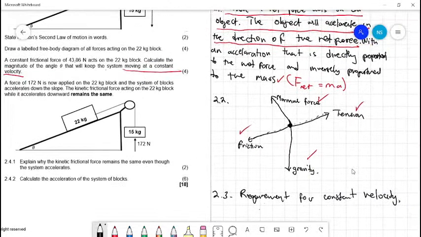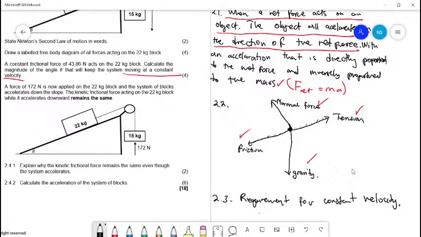Because, guys, I hope you can see here that with the information that we're given, for us to be able to get our F net, we need to know our tension. We are given the frictional force, we can calculate our Fg, but the problem now is the tension. So we need to first know the value of our T, or the tension.